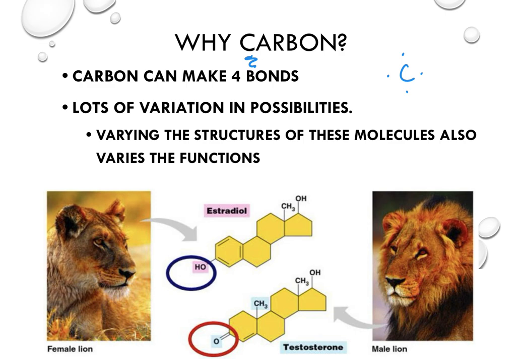Because of that, carbons can make all different types of bonds in different orientations and in different manners. As a result, life has been able to utilize these different bonding configurations of carbon molecules to get different types of reactions.